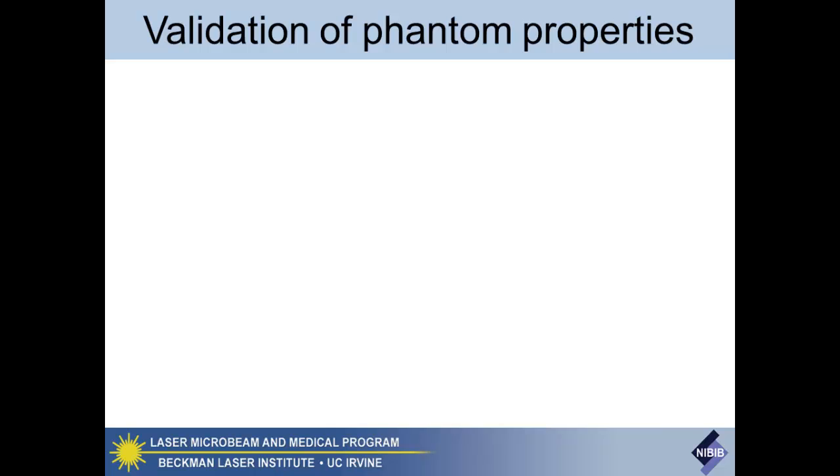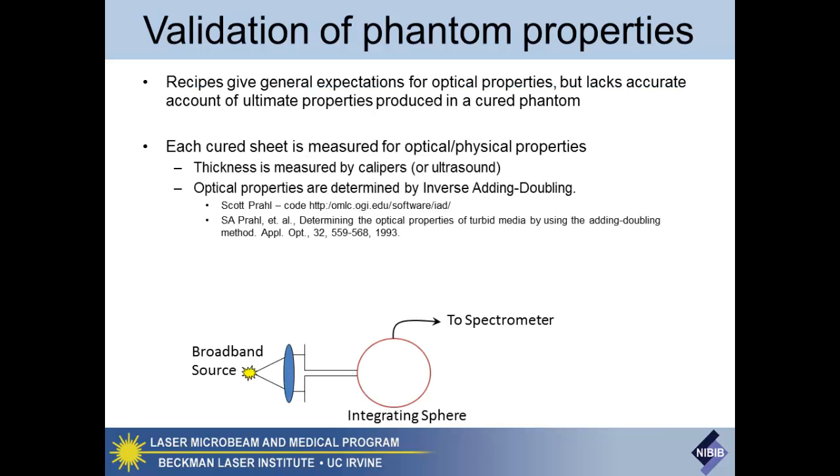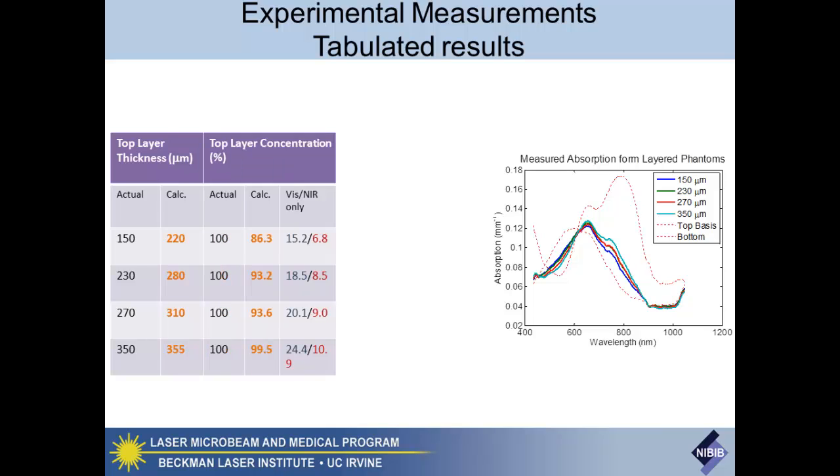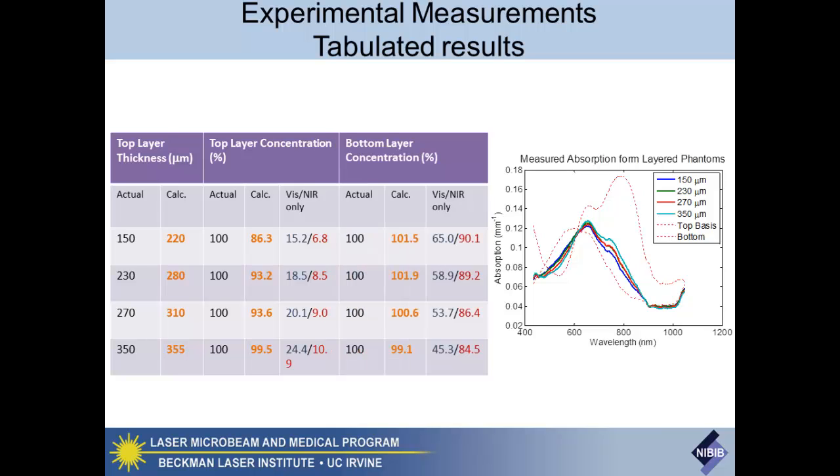To validate the optical properties of these thin slabs, we used inverse adding-doubling to quantify them, stacked them, and made measurements. Similar to the simulations, we now have two layers and two distinct absorbers, and we try to back out the values. Here again, from experimental measurements, we're within tens of percents of the actual values, whereas if we just use a homogeneous model, we're grossly underestimating the values. So that was another case of validating measurement accuracy in structured tissues, showing that this can be employed.